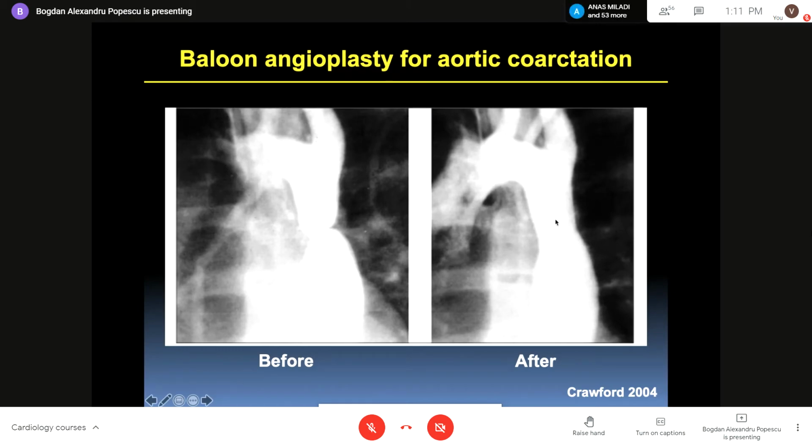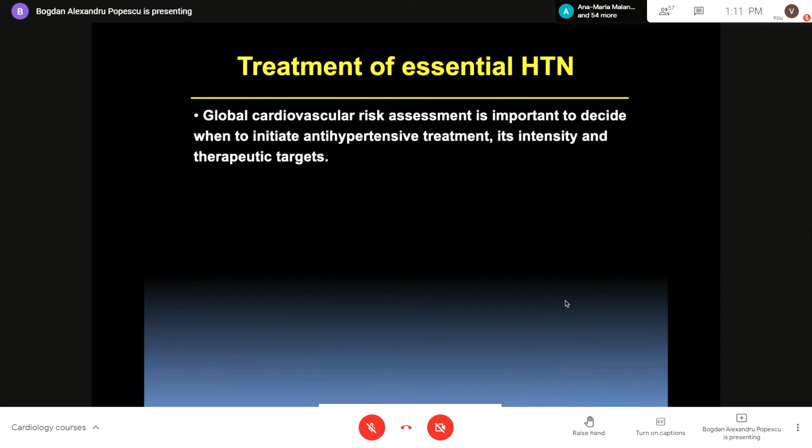There is no residual gradient between the two sides, and usually this restores the pulse at the level of the lower extremities, and sometimes blood pressure gets back to normal, or sometimes it doesn't normalize, but the patient will require less medication to control the blood pressure values.